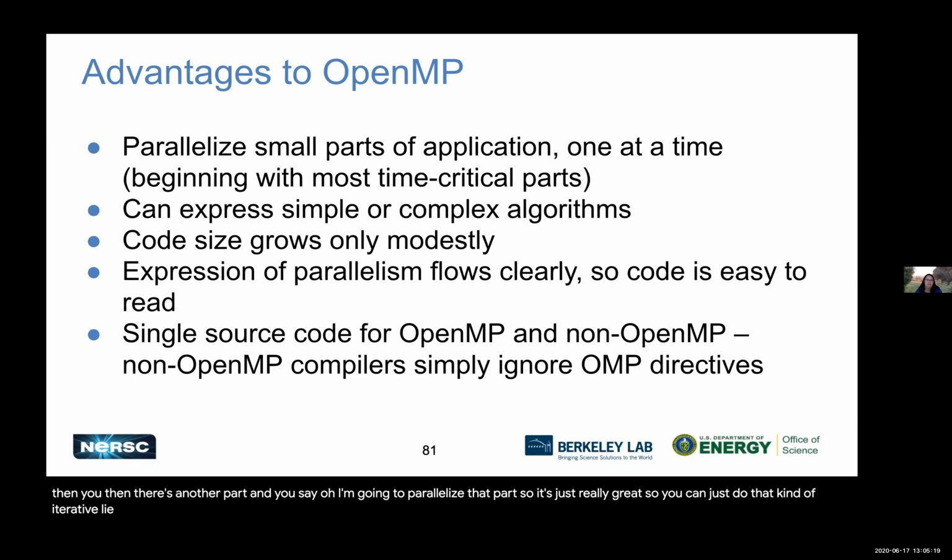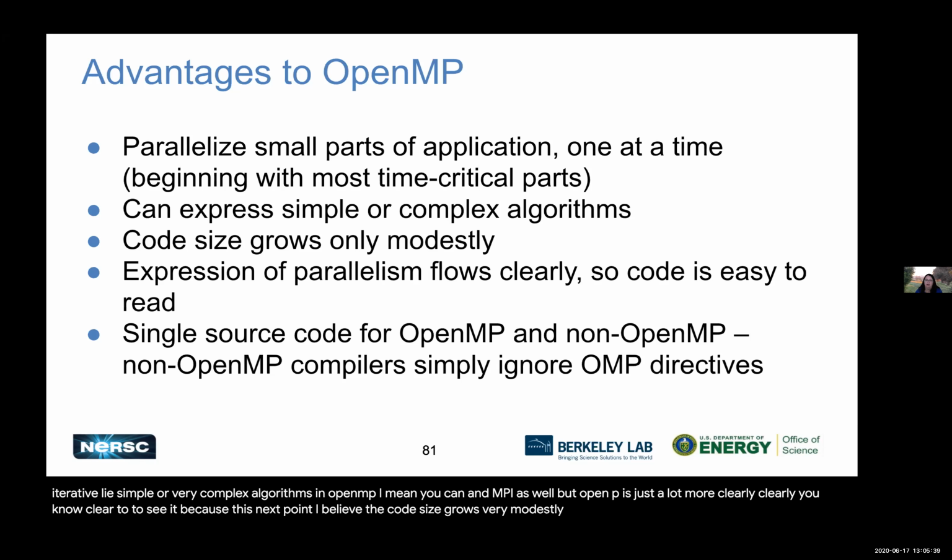You can express very simple or very complex algorithms in OpenMP. I mean, you can in MPI as well, but OpenMP is just a lot more clear to see. Because, this next point, I believe, the code size grows very modestly with OpenMP. We'll see some examples in a few minutes, and you'll understand what I mean here. It's really easy to read your code.